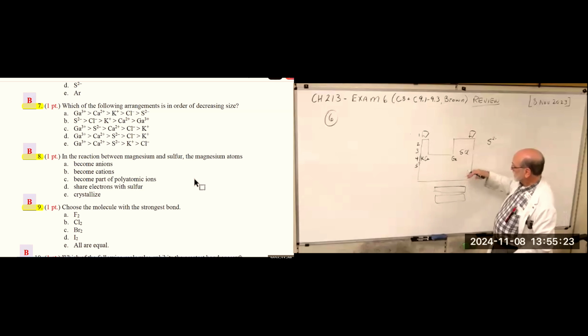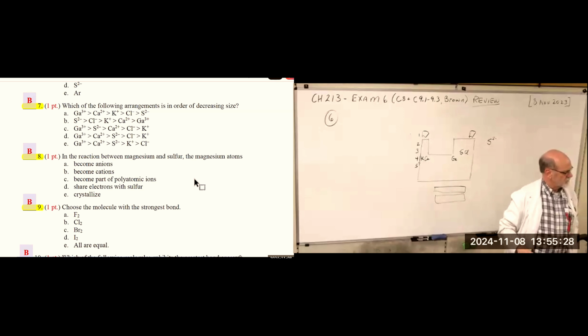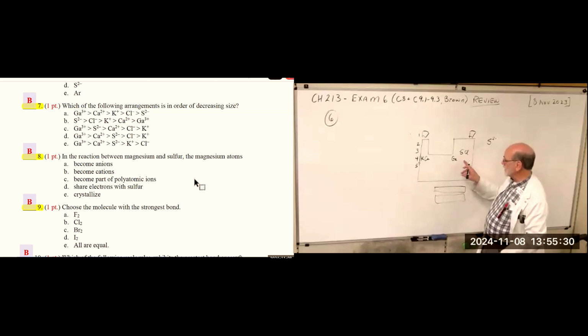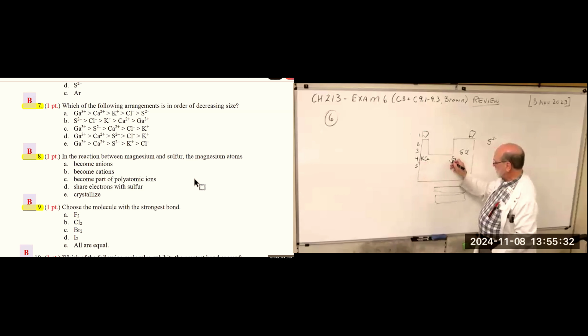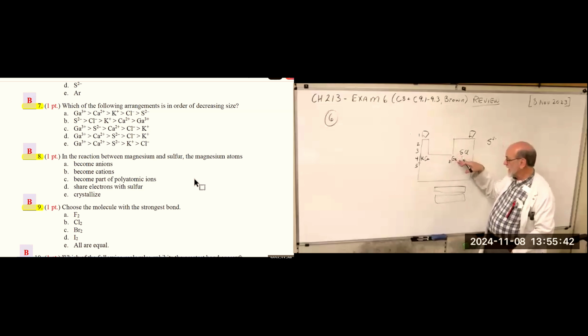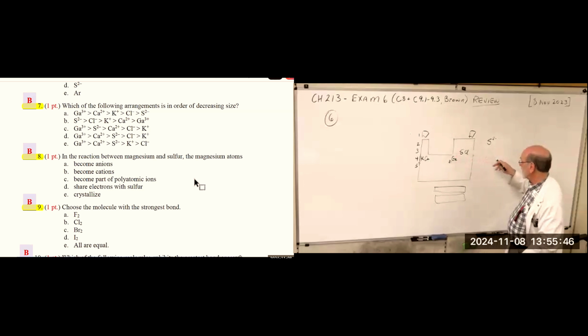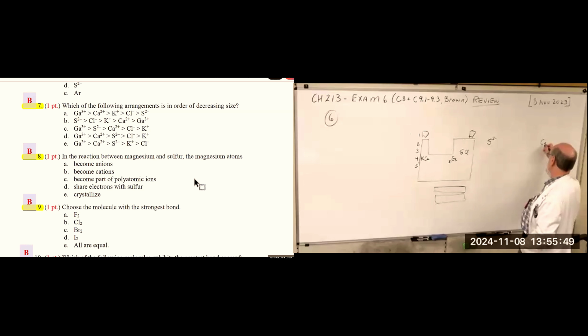And the smallest would be in this fourth level: gallium has 31 protons. And if we remove 3 electrons, then it's got no fourth level electrons left, but it's still got those 31 protons. So it's going to shrink way down. That means gallium should be the smallest. 3 plus. There we go. Smallest.